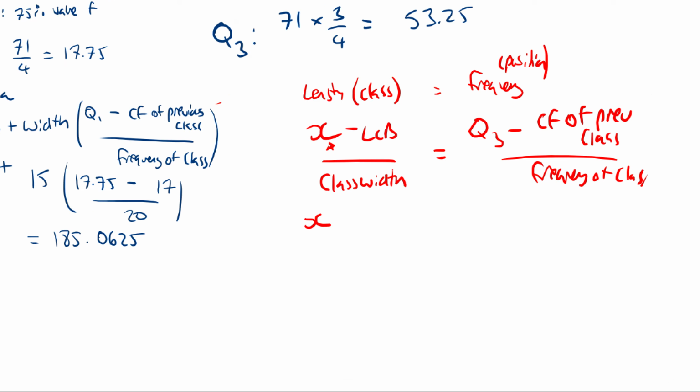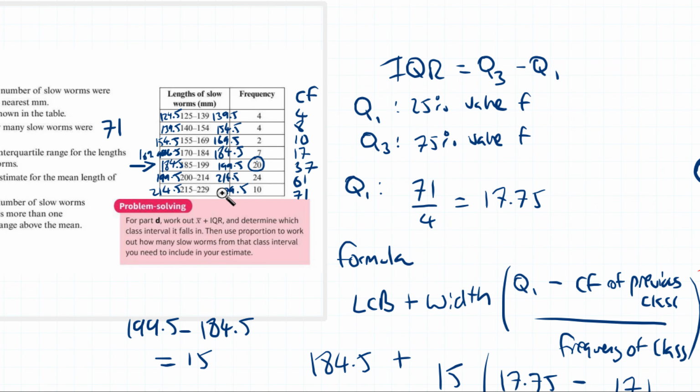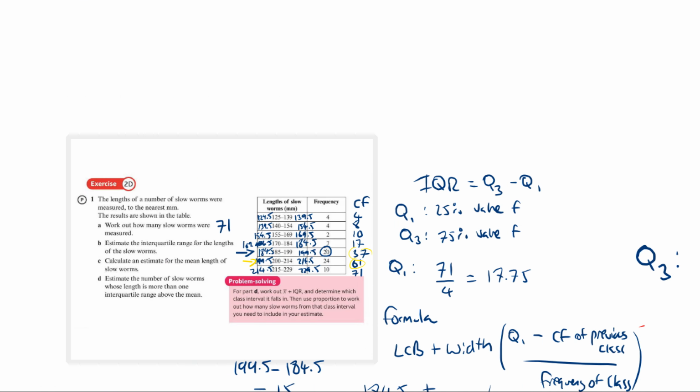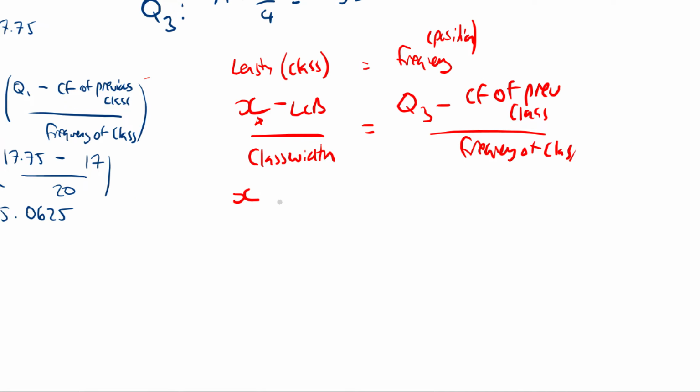So if we go to X, we now need to find what is our class bound. So it's at 53.25. If we look at our cumulative frequency, we've got 37 and 61. So it's greater than 37, but it's not as big as 61. So therefore, it's going to be in this class here, the 200 to 214 class. So our lower class bound for that class is 199.5. So it's going to be X minus 199.5 divided by our class width.